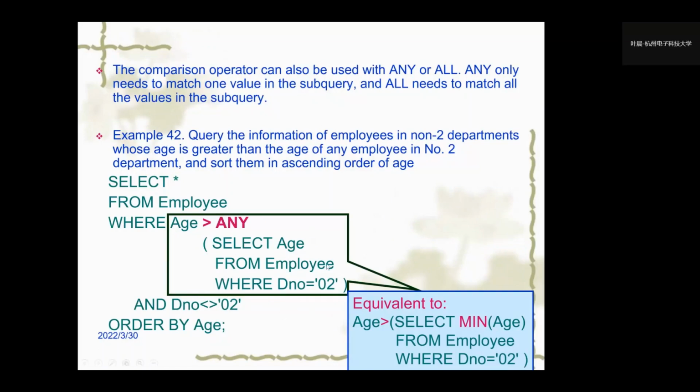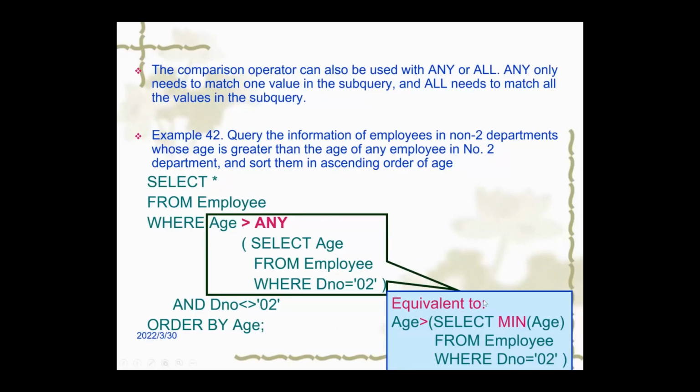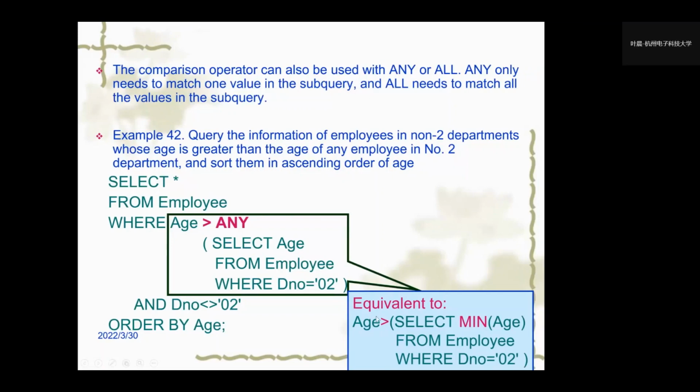So this is also equal to: age is larger than select the min age from employee where the department number is equal to 02. So these two queries are equal, and they will return the same query results.